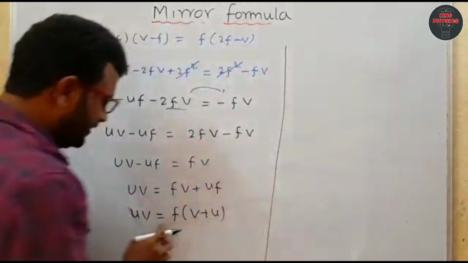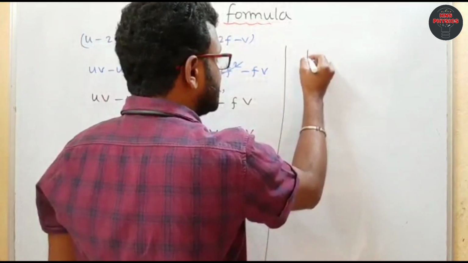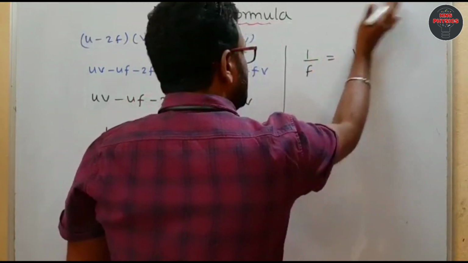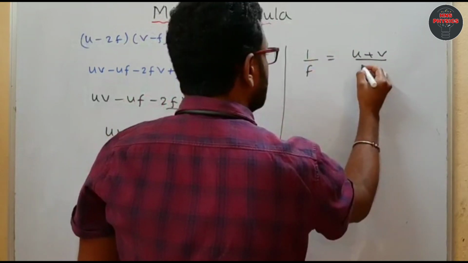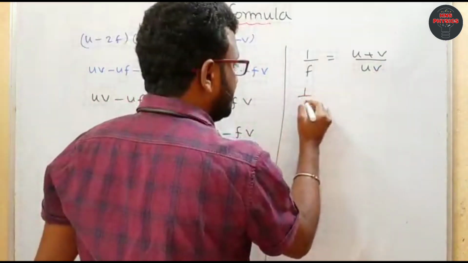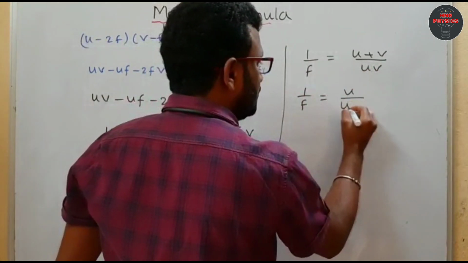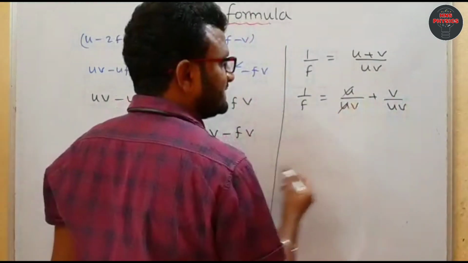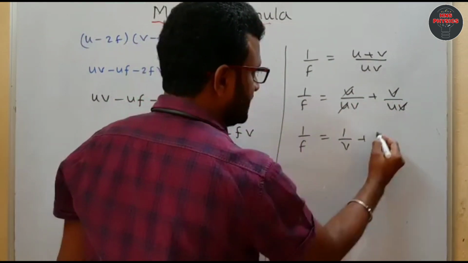Now taking this value down and uv down, you can do the cross multiplication: 1 by F is equal to (u plus v) by uv. You can write individually, u by uv plus v by uv. Here u cancels and v cancels, then 1 by F equals 1 by v plus 1 by u.